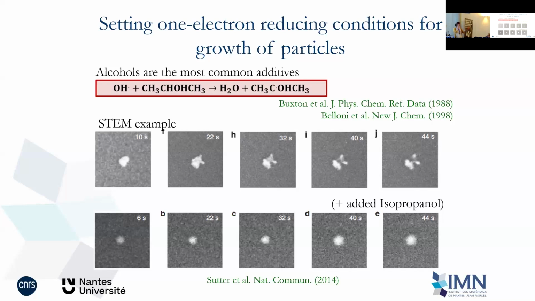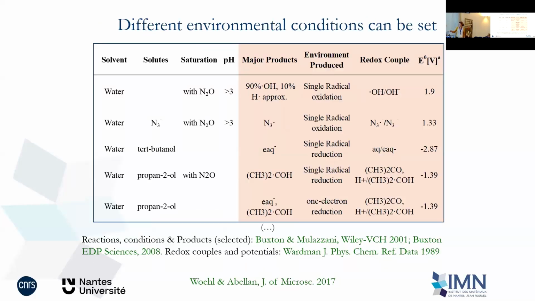So this was a proof of concept paper that you can do this in the microscope. We can apply some of the things from radiation chemistry because we use electrons. Then we published this review in 2017, where we put a lot of this knowledge from radiation chemistry together for people to use, and we made a table of everything that we could find: if you mix water and saturate it with this, and you have this pH, you're going to end up with this, which is a single radical oxidation.